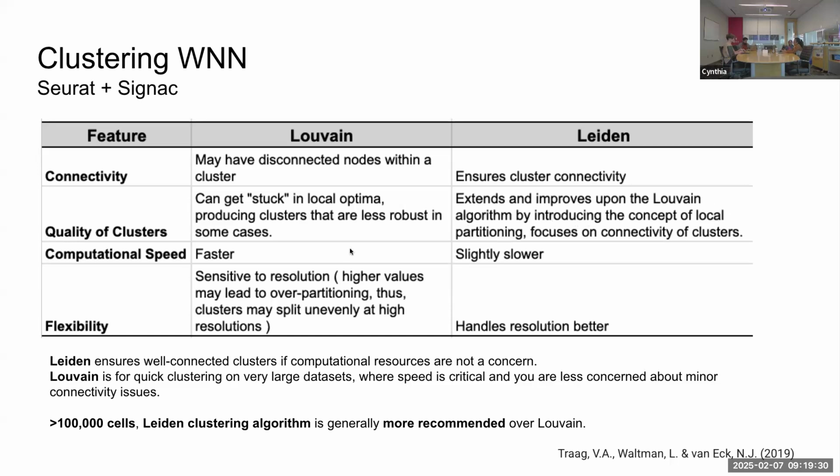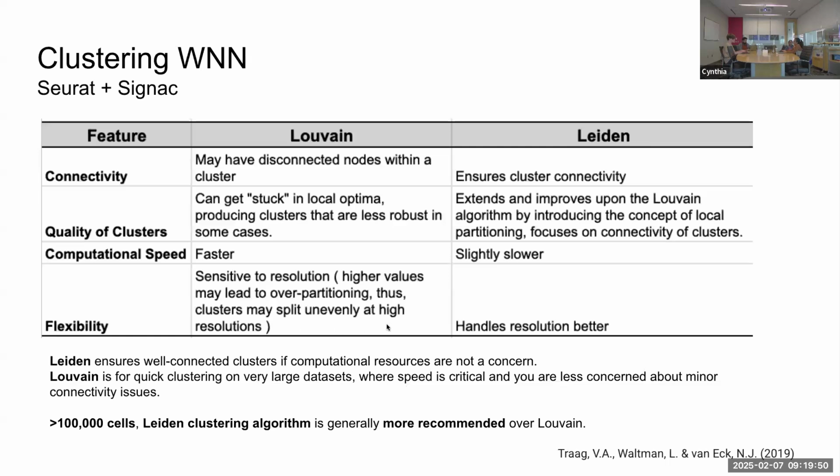So Leiden is trying to extend this concept in order to make partitions according to a different approach to make the clustering. In terms of the computer speed that we need, Louvain is very good to make a fast exploratory analysis because it's really fast, and Leiden requires a lot of resources to produce this partition properly.